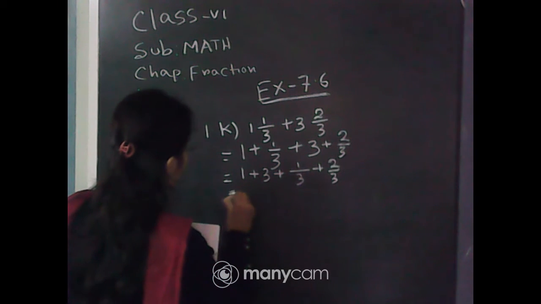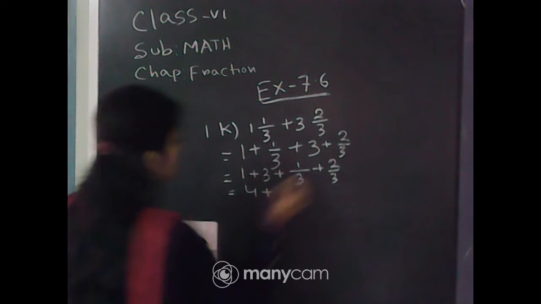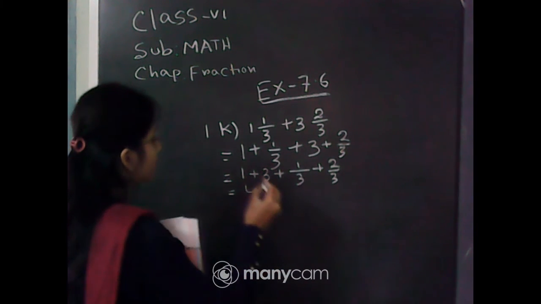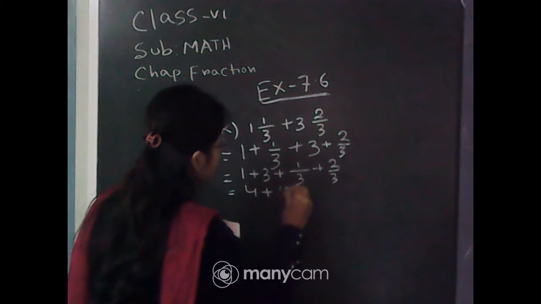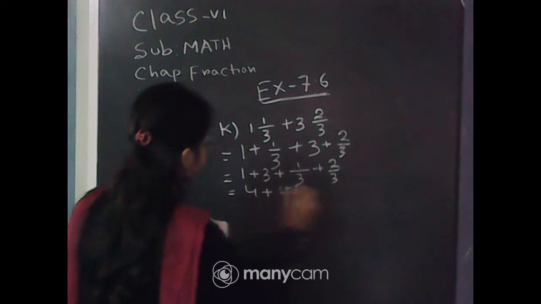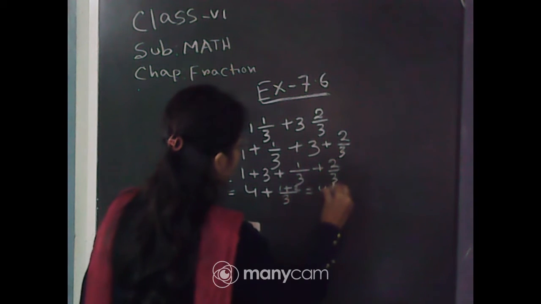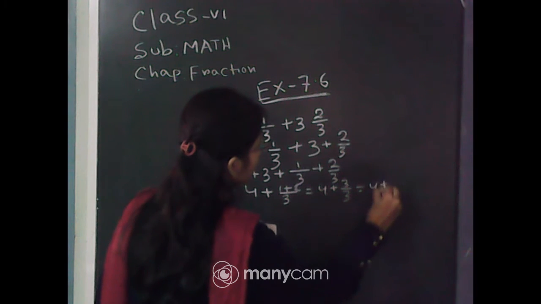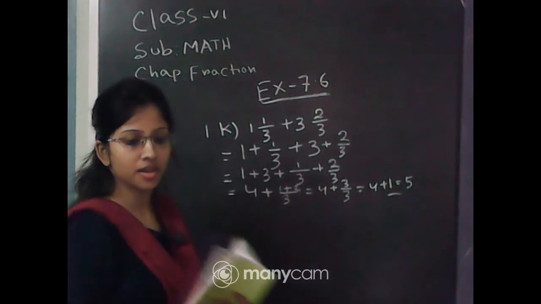This is equal to 4 plus, these are like fractions, therefore we just add the numerators and retain the common denominator. Therefore, this is equal to 4 plus 3 divided by 3, that is 4 plus 1, which is equal to 5. Clear?